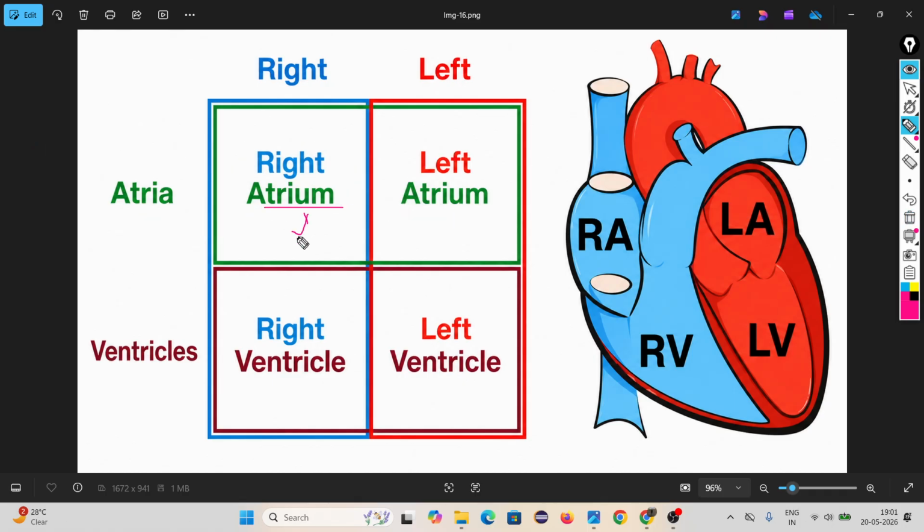Atrium is the singular form, atria is the plural. Don't focus on that, only remember the upper two are called atria and the lower two are called the ventricles. The atria are divided into two parts. One is called the right atrium, one is called the left atrium.